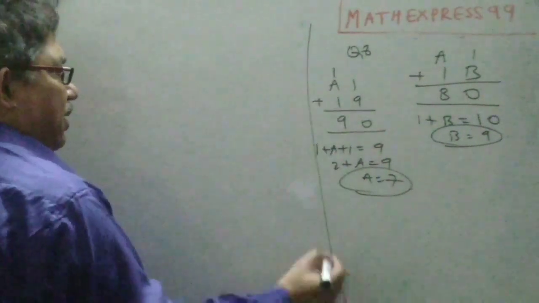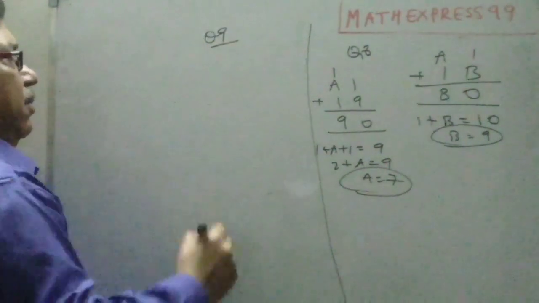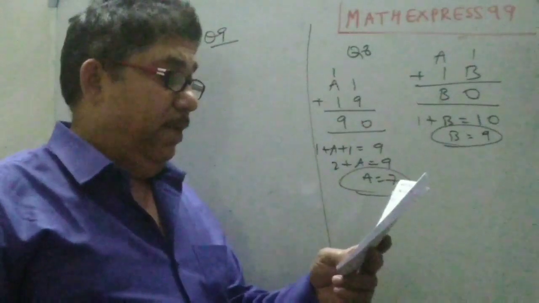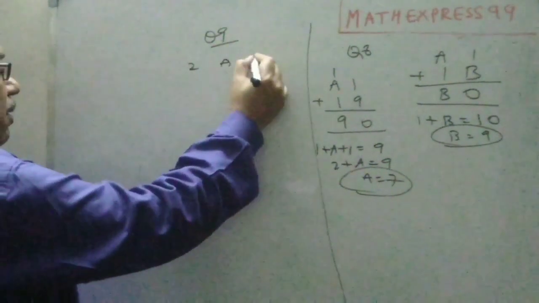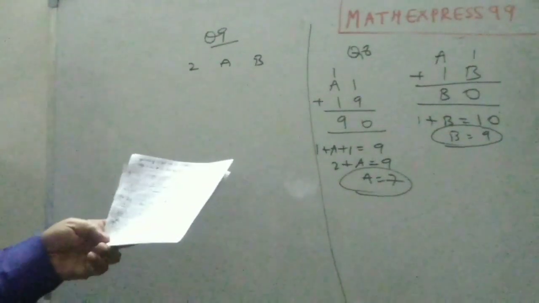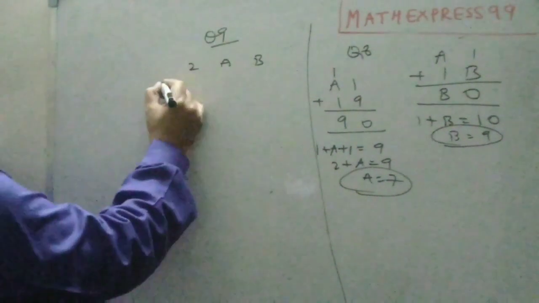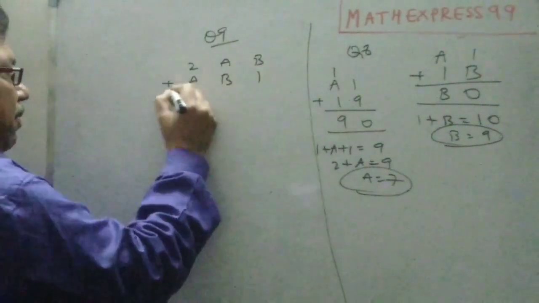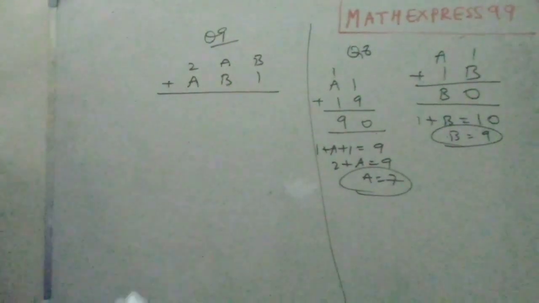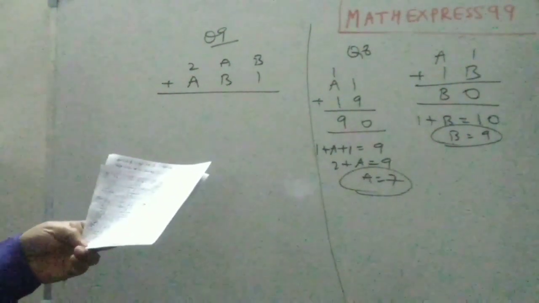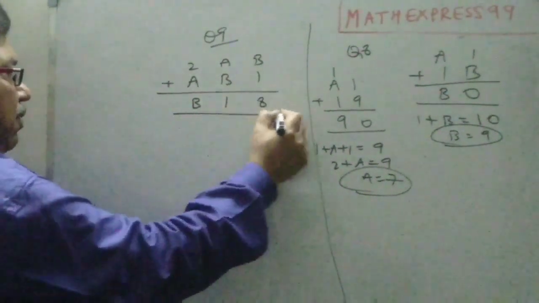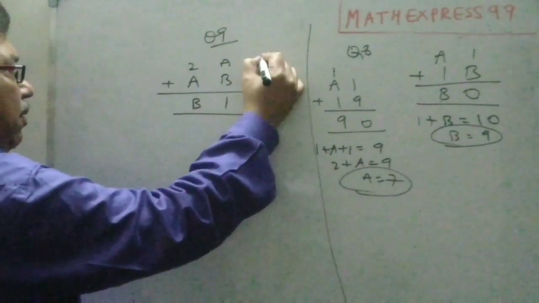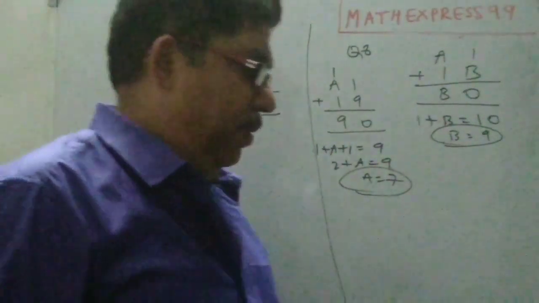Question 9. 2AB plus AB1 equals B18. See, let us go one step at a time.